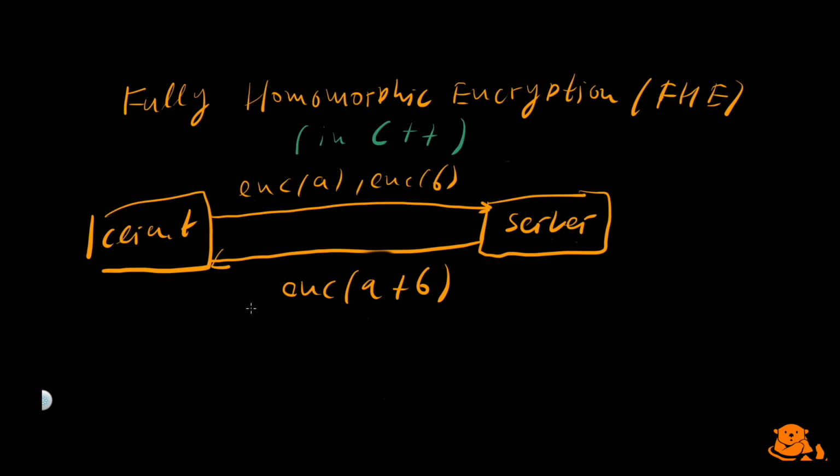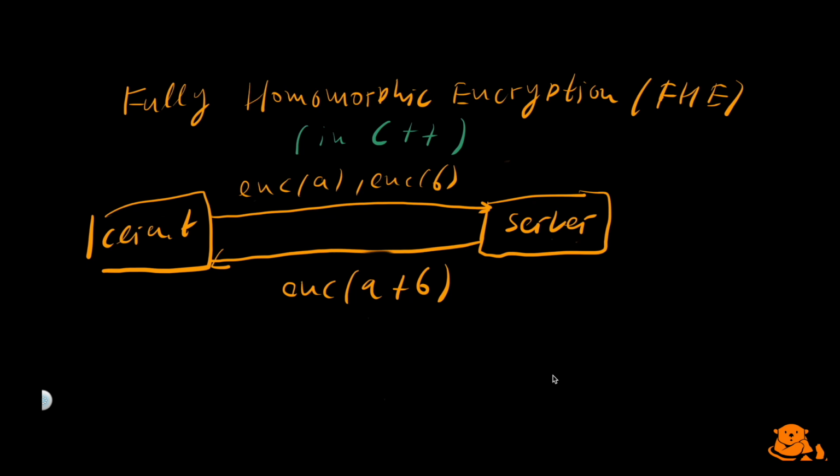And what's really cool is that only the client with its private key can decrypt the answer. So the server doesn't see a and b, it doesn't even see the sum that it computes. And this is, I hope, really powerful for the future. It can give us lots of interesting applications, provided that it's fast enough and it's usable.